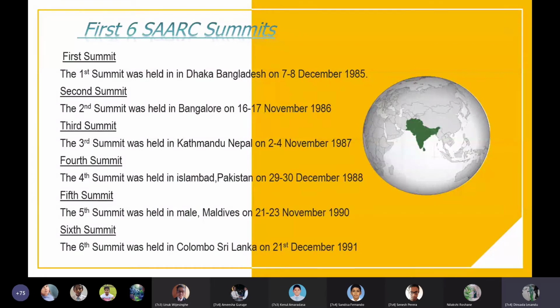The third summit was held in Kathmandu, Nepal on 2nd to 4th November 1987. The fourth summit was held in Islamabad, Pakistan on 29th and 30th December 1988. The fifth summit was held in Maldives on 21st to 23rd November 1990. And the sixth summit was held in Colombo, Sri Lanka on 21st December 1991.